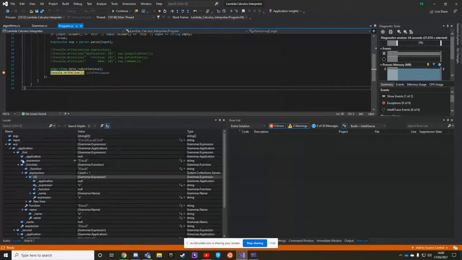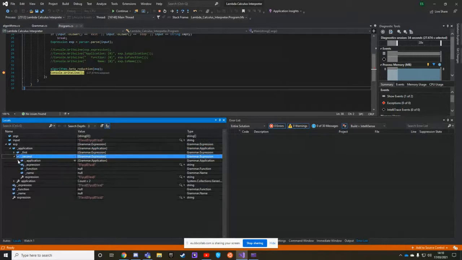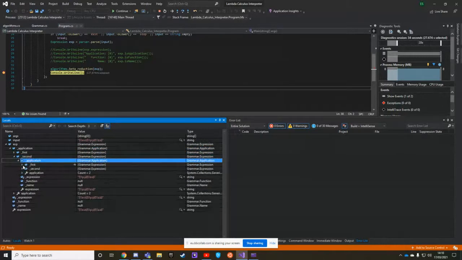But if you look at this one again, it has an application with expressions inside it, and inside that is another application with more expressions. That's how it works: it goes through this tree structure trying to find the first and second expressions, then matches that expression by the name of the lambda, and then replaces the things in the expression of that.